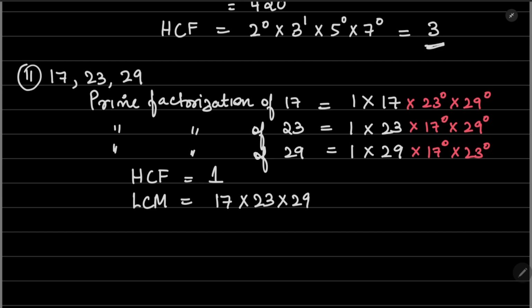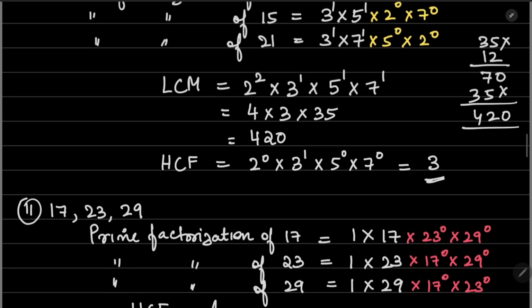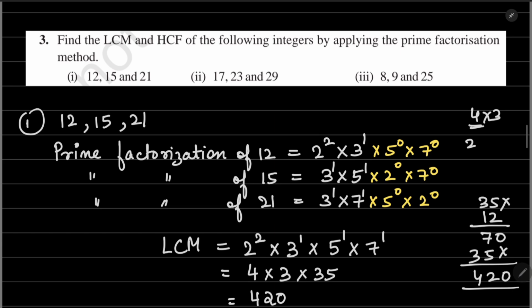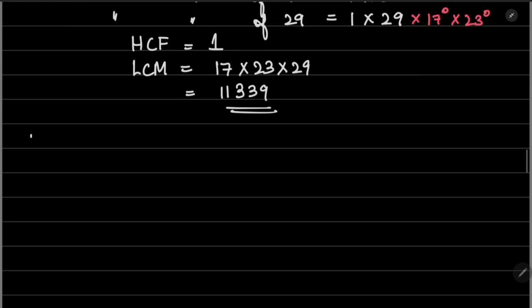When you calculate this, the answer that you're getting is 11,339. Do check it out, just verify it. So this is the LCM that you'll be getting. That's all, you have to find HCF and LCM. Let's move on to the third question: 8, 9 and 25. Again, very easy.